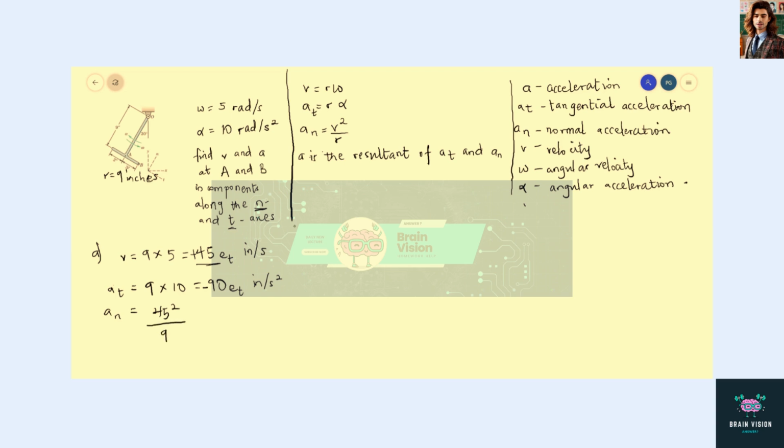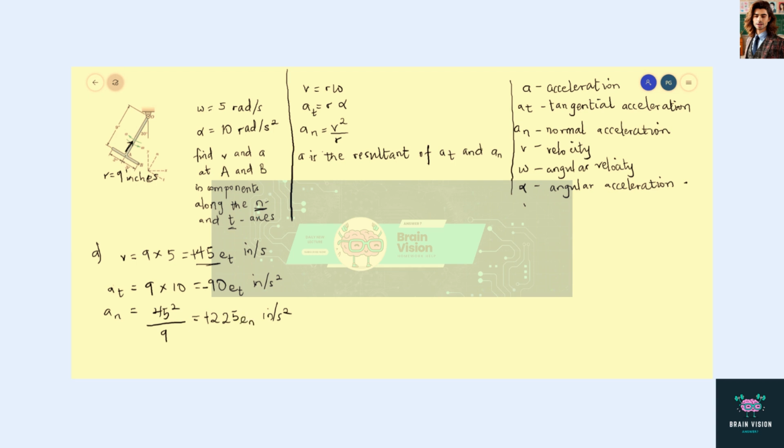That's equal to 225 inches per second squared. Let's see the direction now. This is going to be in the positive n, because it is directed towards the center, and it's going to be en.